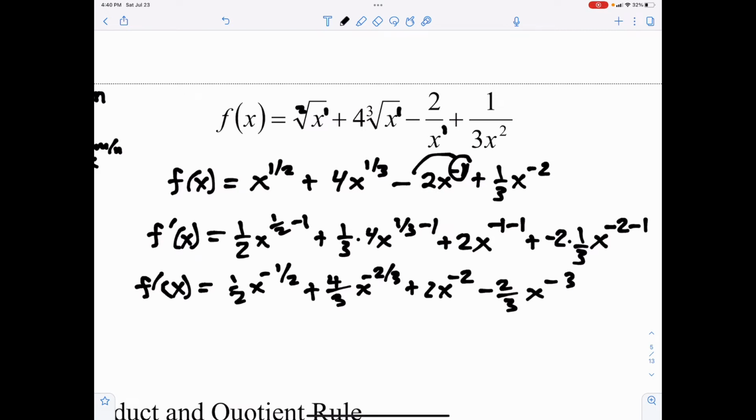Okay, now all I'm going to do is just simply rewrite all those negative exponents back as positive exponents, and we have a nice simplified version of our derivative. So it would be 1/2 x to the 1/2 power, which is the square root of x, so 1 over the square root of x, plus 4 over 3 times the cube root of x squared.